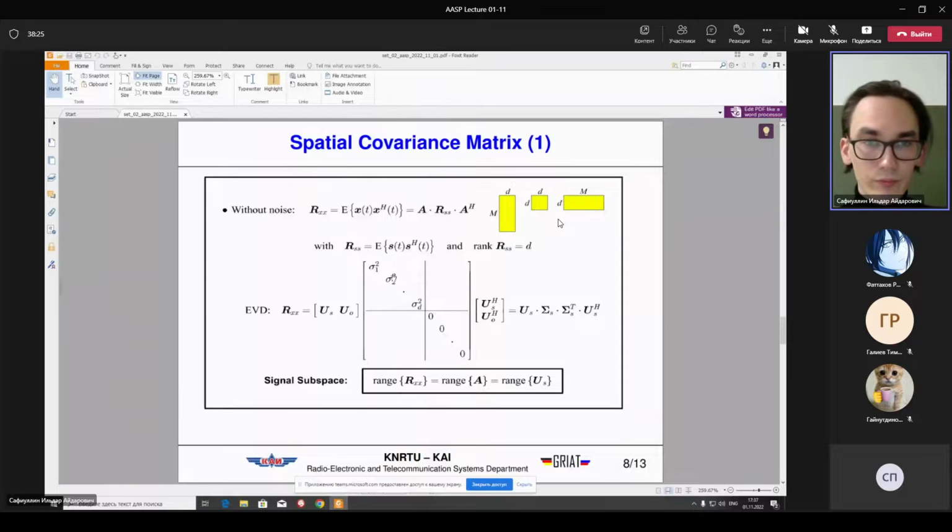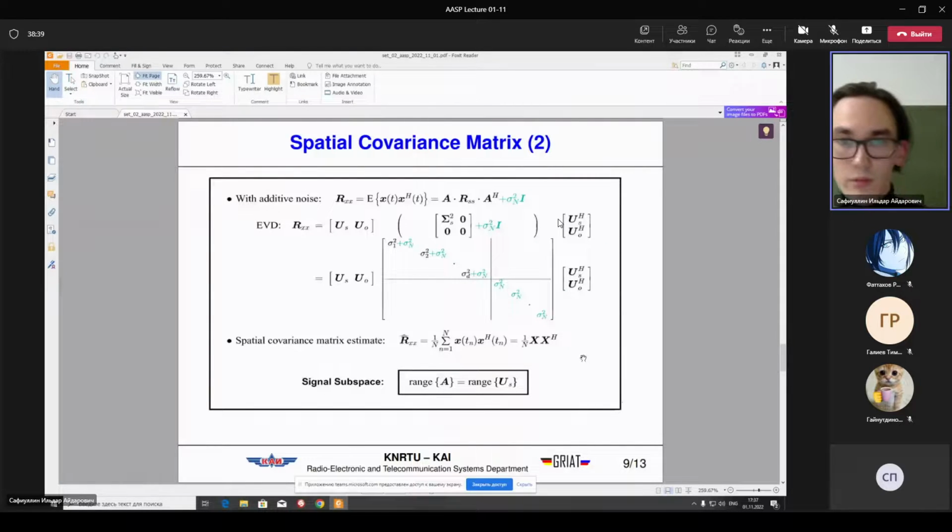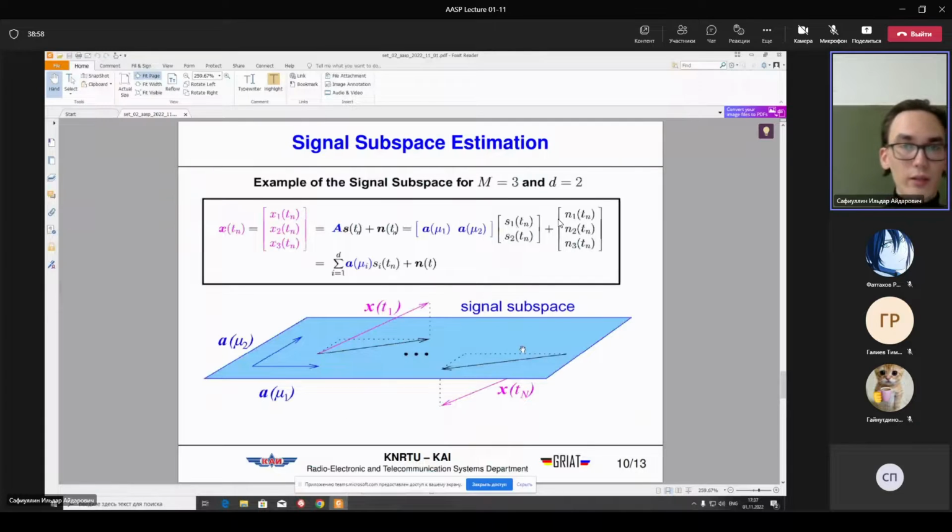For the case with noise, we will have this additional part, and you can see the same things which we showed before. And here also a special covariance matrix estimate Rxx hat, which is equal to this ensemble averaging over capital N time snapshots. And here we have this signal subspace estimation.